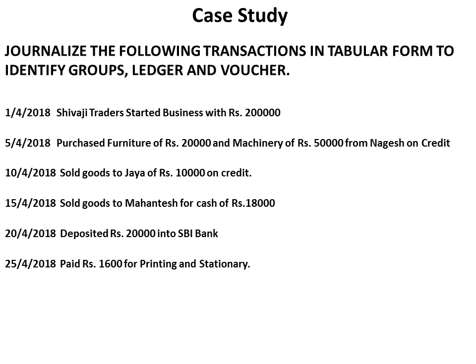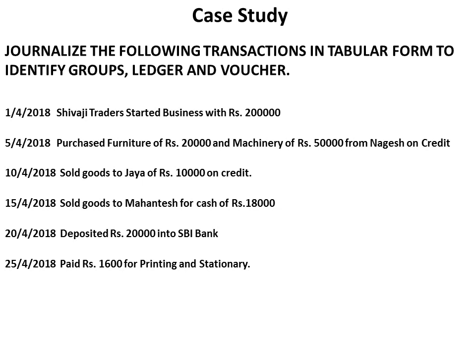So now we will see the transactions. First, Shivaji Traders started business with rupees 2 lakh. Second, purchased furniture of rupees 20,000 and machinery of rupees 50,000 from Nagesh on credit.